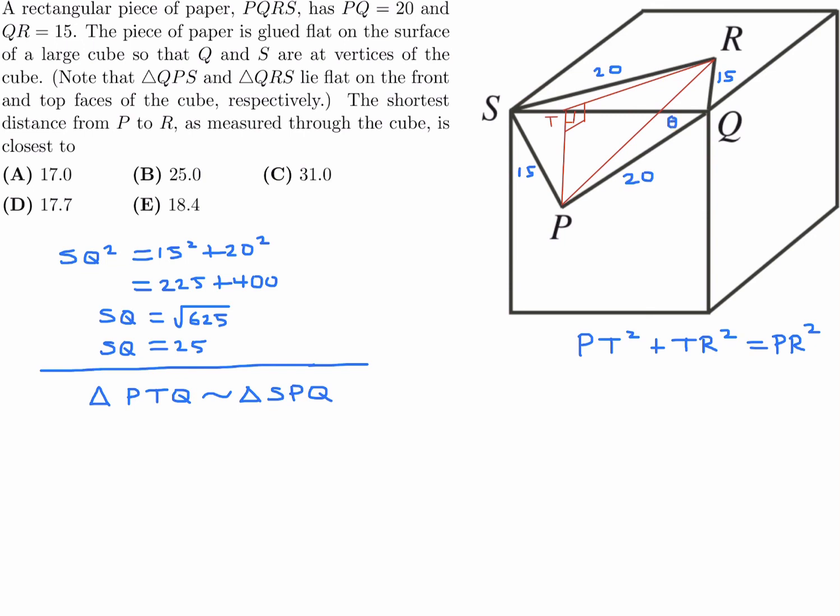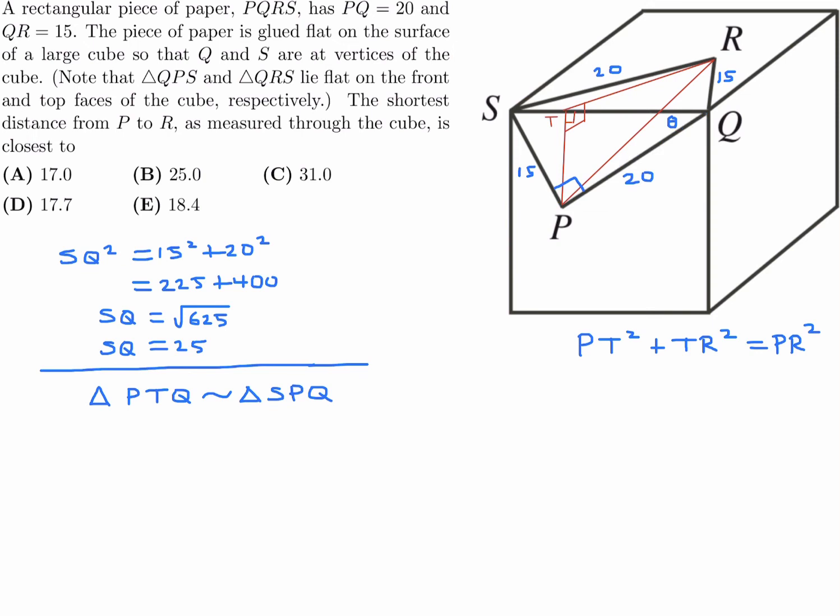For example, if that is theta, this is a right angle, and you'll see that SQP has the angles 90, theta, and obviously 90 minus theta. And very similarly, PTQ, which is this triangle, also has the angles 90, which is this guy right here, theta, and of course a 90 minus theta.